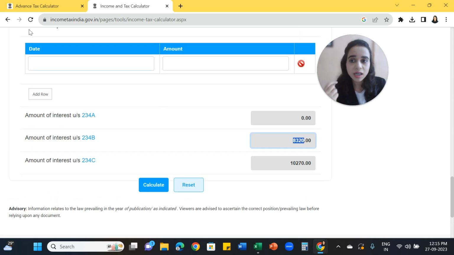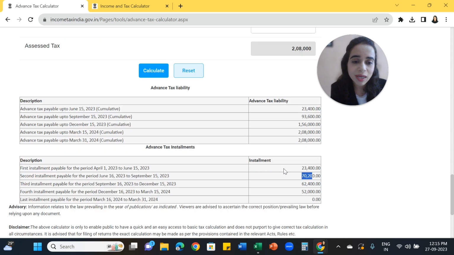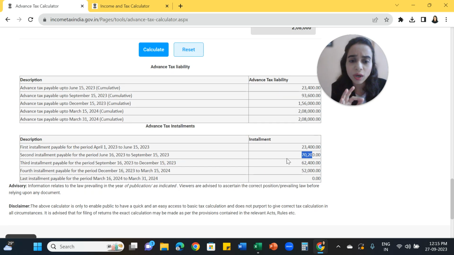Now, let's check if I would have paid these advance taxes on time. Not all, but let's say I have paid the second installment, or the third installment, or any installment you consider. Let's say I have paid the second installment, 93,600 in total. I have skipped the first installment.